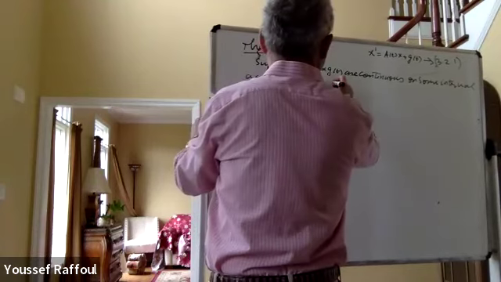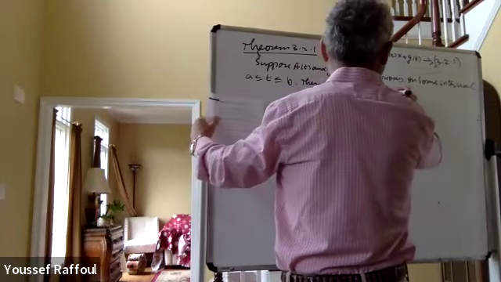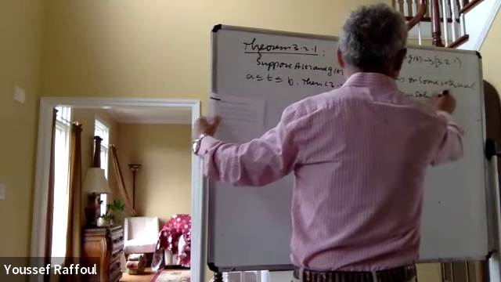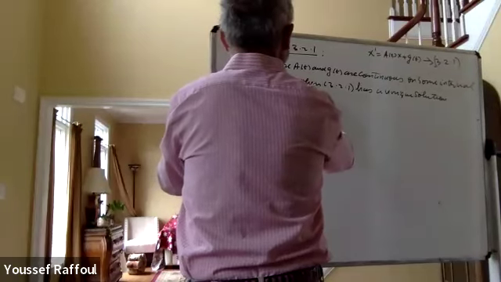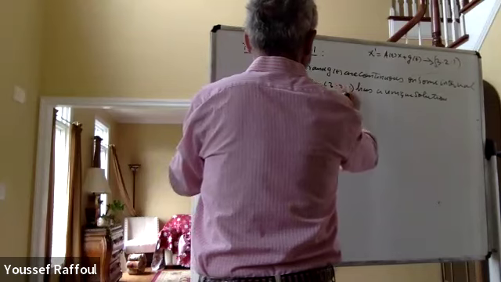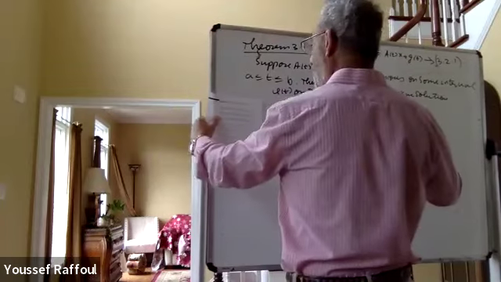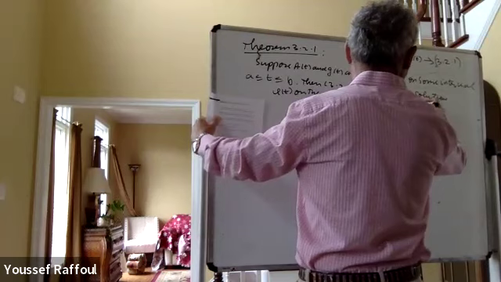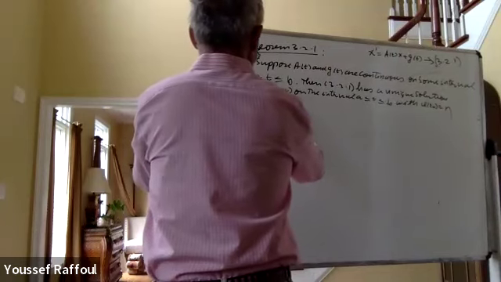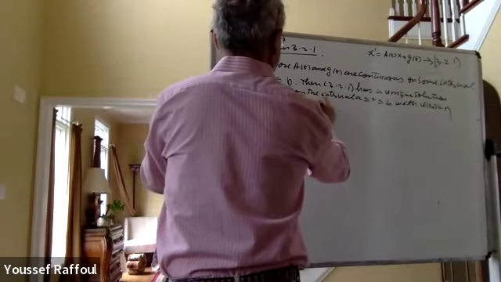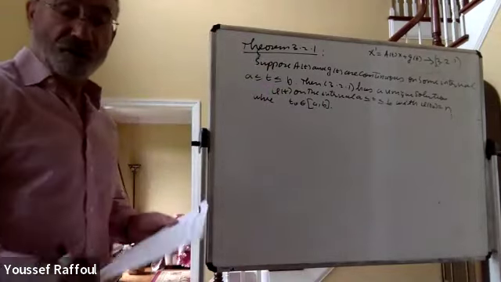Then 3.1 has a unique solution phi(t) on the interval a less or equal to t less or equal to b, with phi(t naught) equal to eta, where t naught is in [a, b].